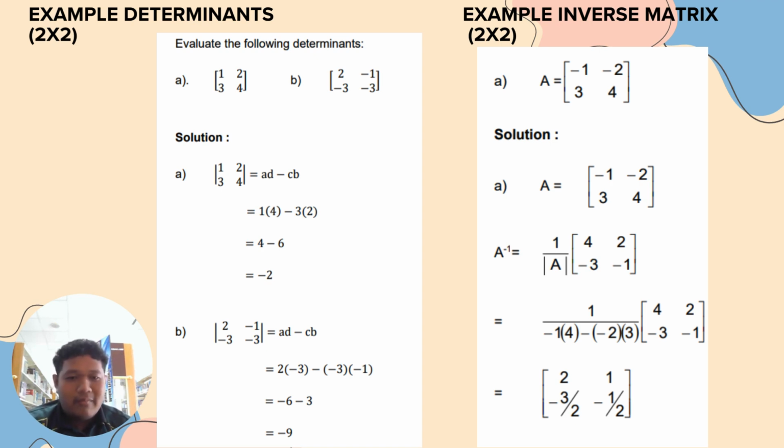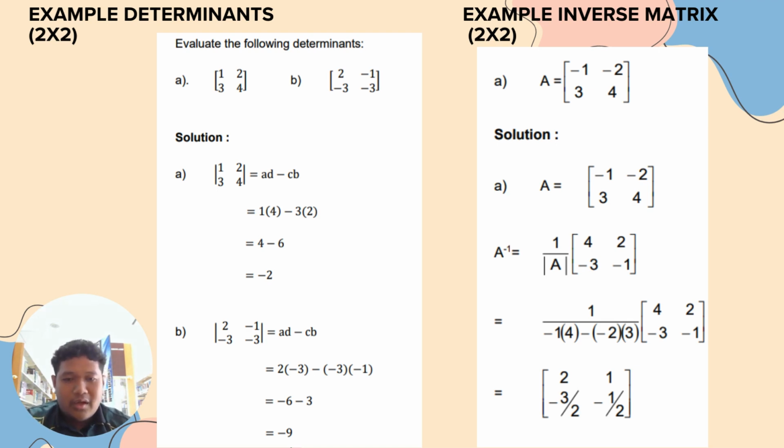So the first step is we must do an equation like the diagram, which is 1 over determinant A multiplied by the matrix where A exchanges place with D and B and C change the symbol, from negative to positive and negative to positive.